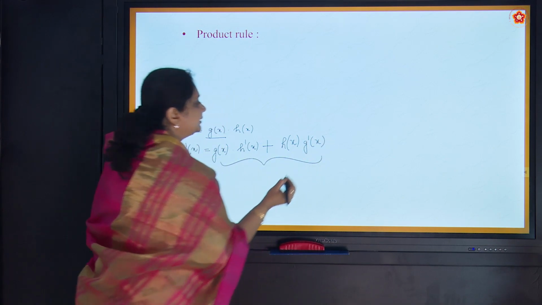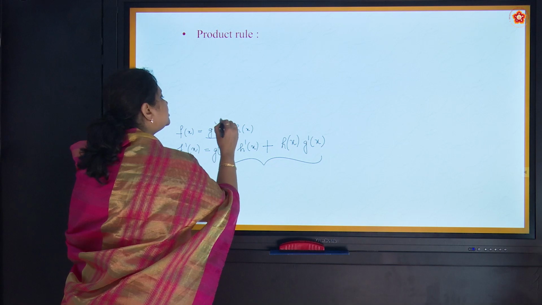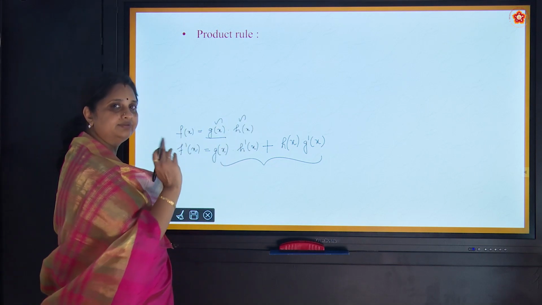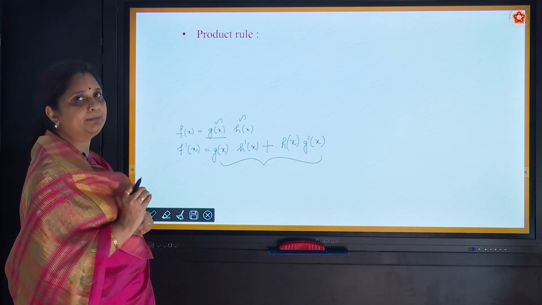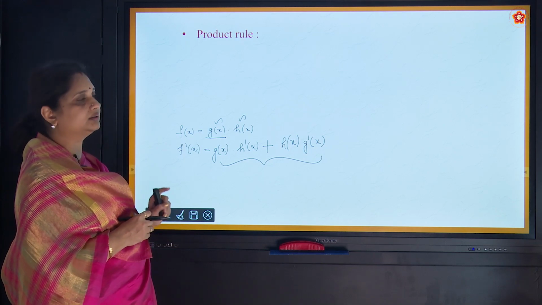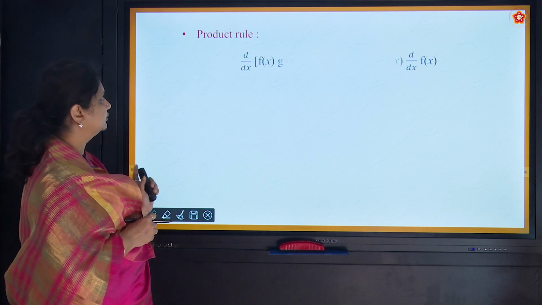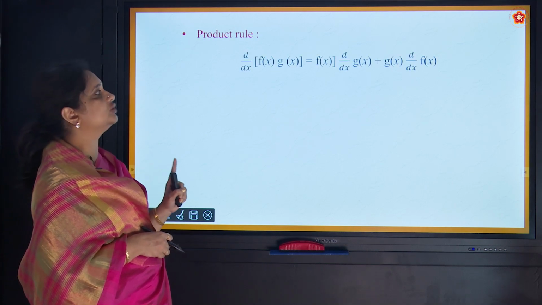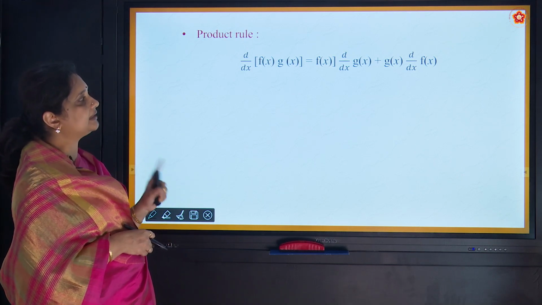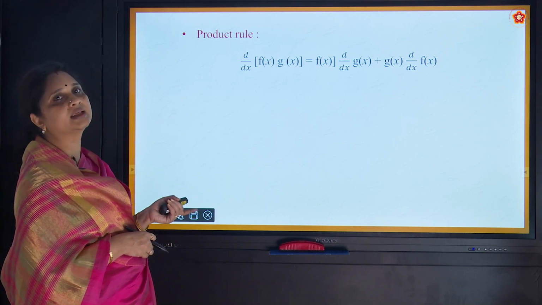Since addition is commutative, you can differentiate any of these functions keeping the other one unaltered and sum up both in any order that you want. So here we have kept the first one unaltered, differentiating the second one, plus the second one is kept unaltered, differentiating the first one.